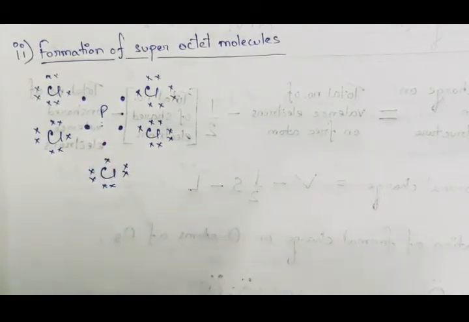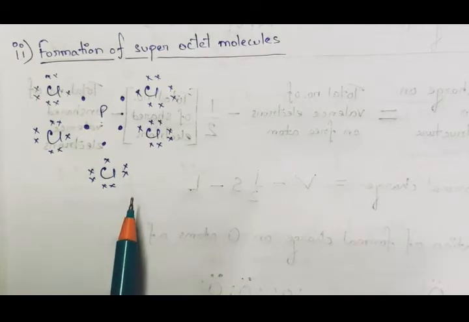How can one atom be stable by achieving more than 8 electrons? According to the octet rule, it is not stable, right? But this PCl5 is a stable compound. So this is called a superoctet molecule.